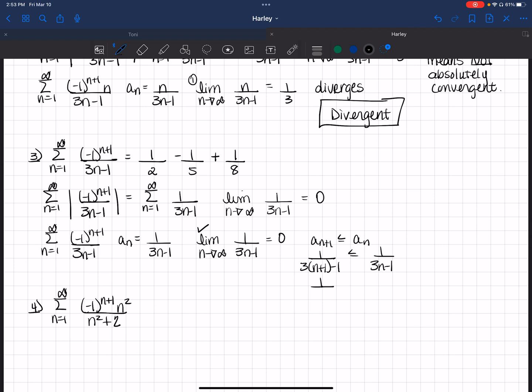That's going to give me 1 over 3n plus 2, and that is less than or equal to 1 over 3n minus 1. It is true, because the side on the left is going to produce a denominator that is larger than the one on the right, which makes that 1 divided by that larger denominator a smaller value. So that is correct. So we are going to say that this is absolutely convergent.